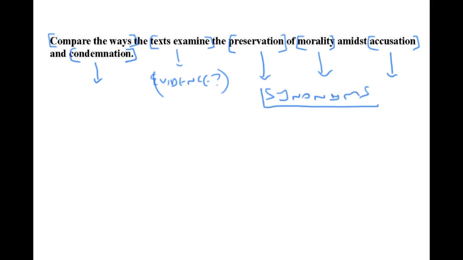And that will allow us to really get on track and have our brains focused on what it is we need to be looking at and looking for in the knowledge of the text that we have. So synonyms for preservation, synonyms for morality, synonyms for accusation, and synonyms for condemnation. Can you have a go and see whether you can write a list of a few of those? And then we'll come back and have a look at the ones that I came up with.